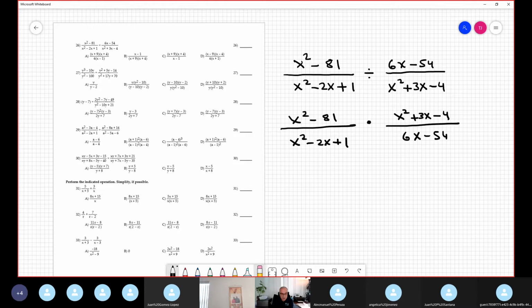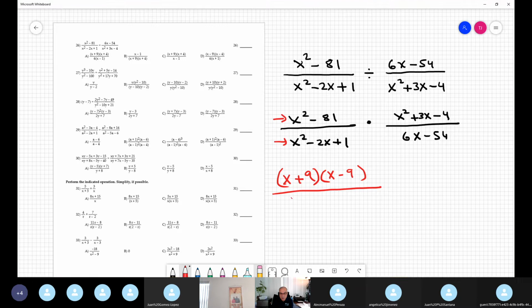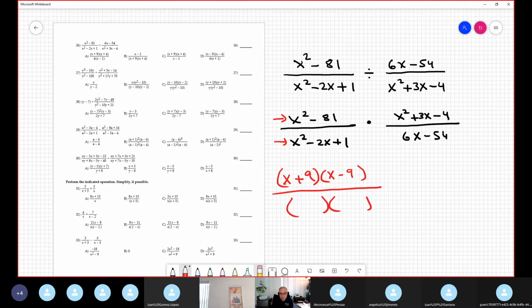Okay, factorization, one by one. Two parentheses, difference of squares: x and x, 9 and 9, plus or minus. Done. Let's move on to the second part. It's a trinomial: x and x. What is the combination?